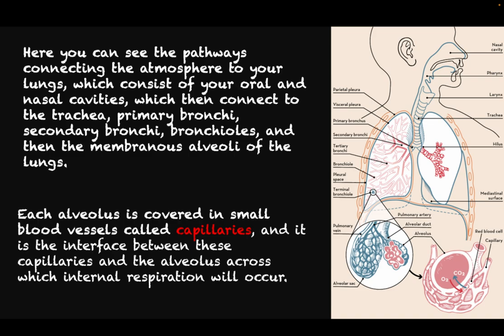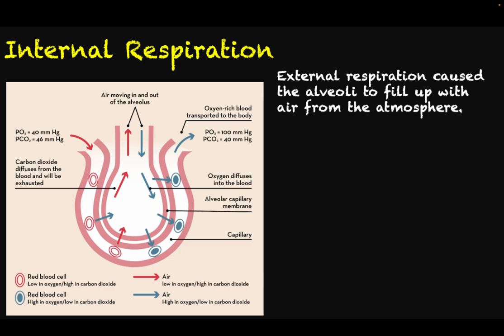So these capillaries completely surround and encapsulate the alveoli so that when we inflate those alveoli with oxygen-rich air, we can very quickly get exchange of oxygen and carbon dioxide between the air that we just breathed in and has just entered the alveoli and the nearby blood supply. So that is going to be how internal respiration occurs.